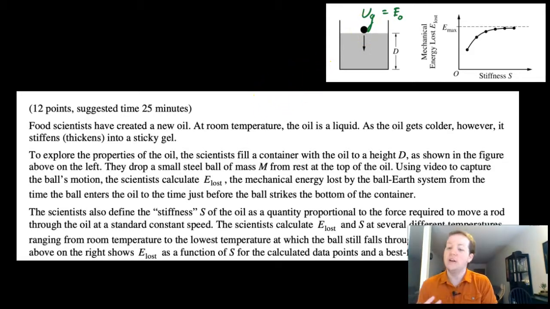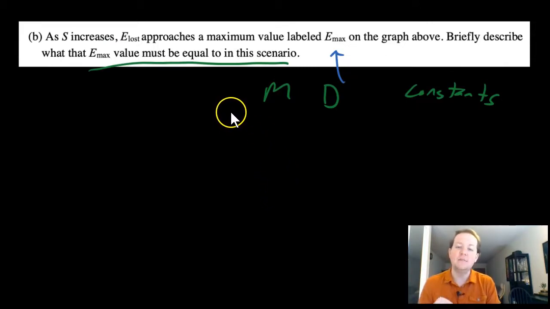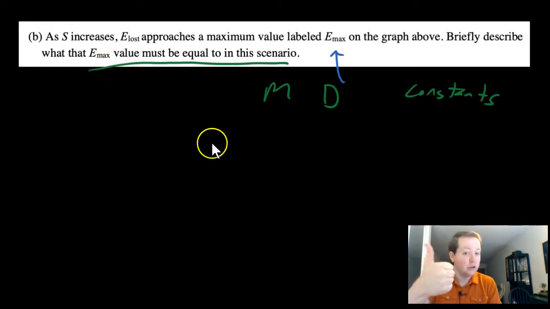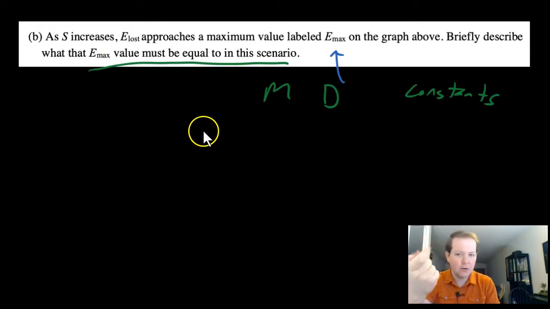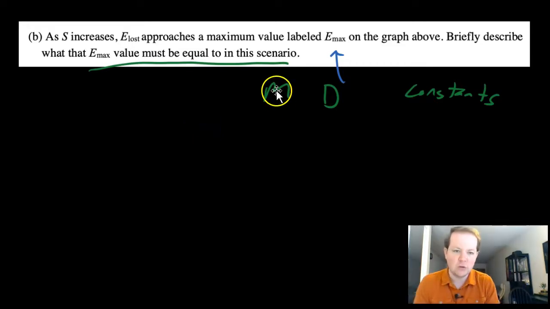So I assign points, and remember, if you saw my last video, I had to tweak this rubric a little bit. So I assign points for saying that this E max must be equivalent to the initial energy or the total energy. I gave a point if you said either of those things. It's the initial energy of the ball or it's the total energy of the ball, because that's the maximum amount of energy you could use.